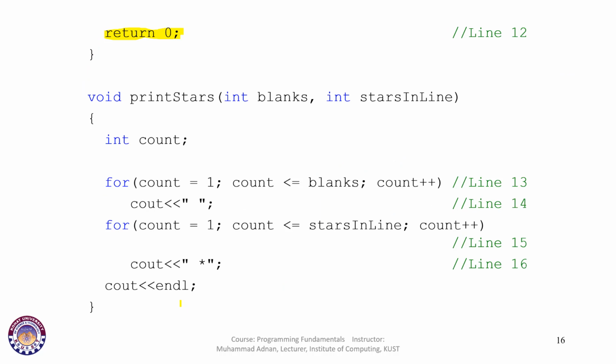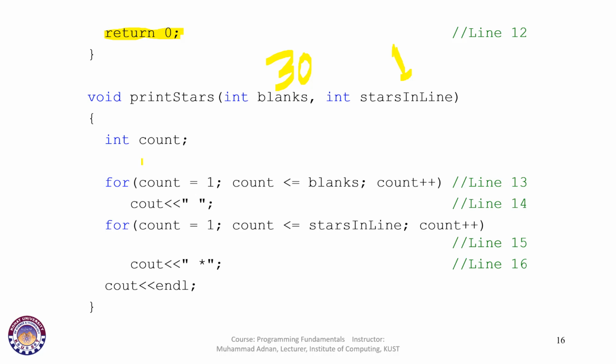Let us go to the printStar function. So here is the printStar function. The number of blanks was 30 and the counter was 1, so a copy will be made. The 30 will be stored inside the blanks variable, whereas the starLines, which is the counter, will be stored here, which is 1.